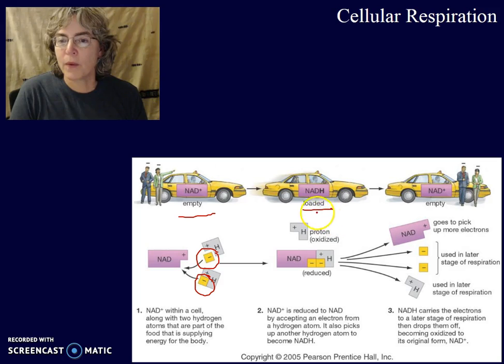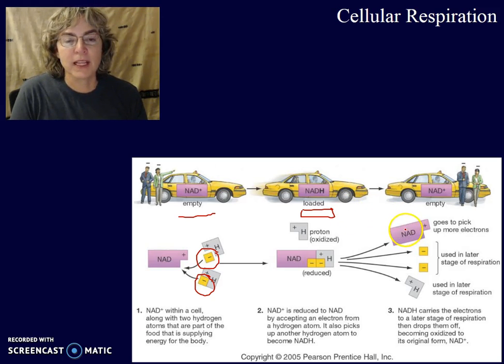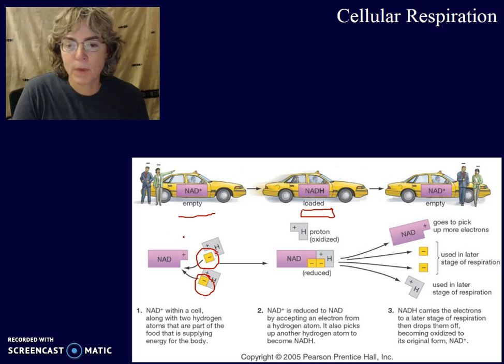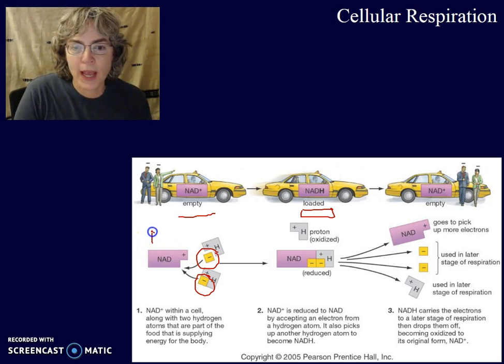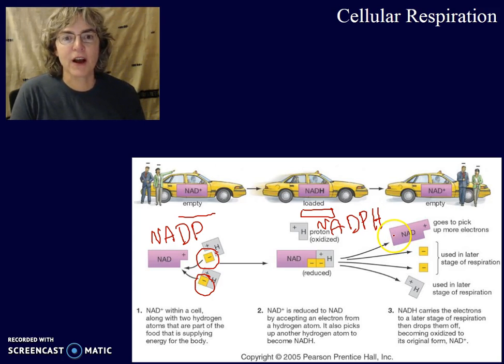And the taxi, or the carrier, transported those high energy electrons to the electron transport chain. Well, now in photosynthesis, instead of NAD plus, we have NADP plus and NADPH as our high energy electron carrier.